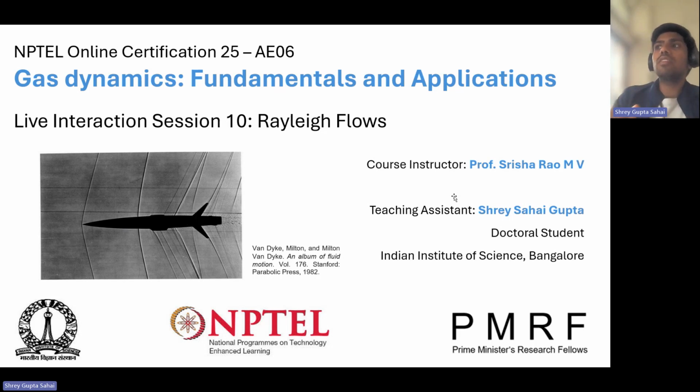And we know that there are conserved quantities. What are these conserved quantities? It will be G, then P plus rho U squared, and also total enthalpy H. In the next three flows, one of these three conserved quantities varies in the flow direction.